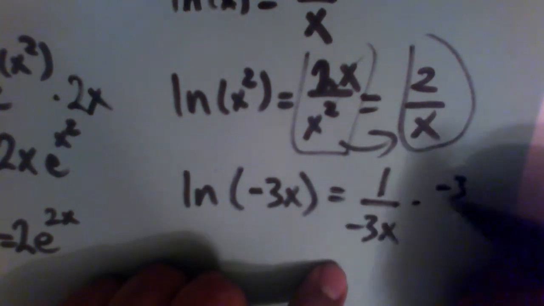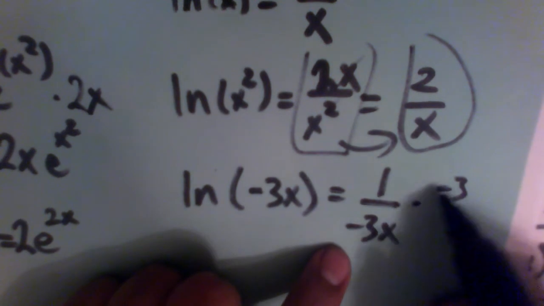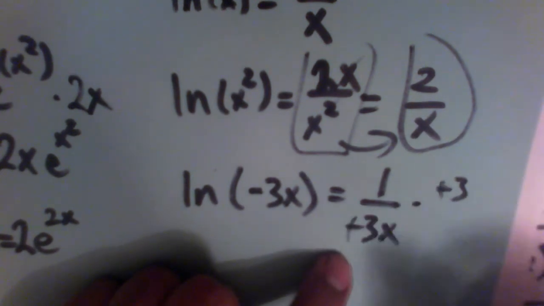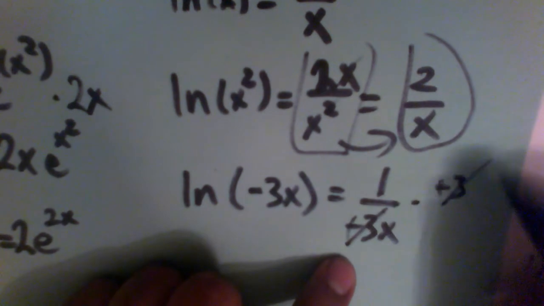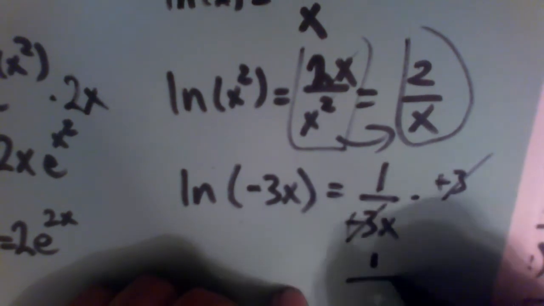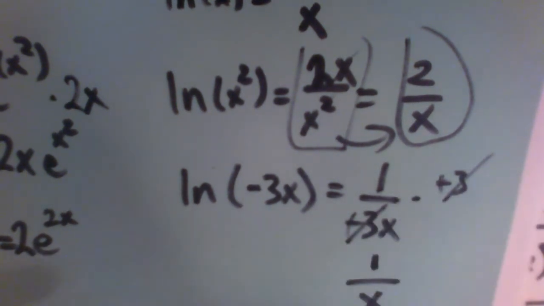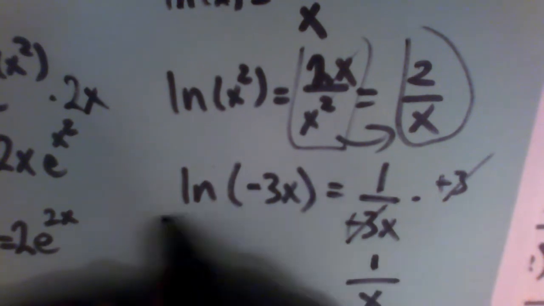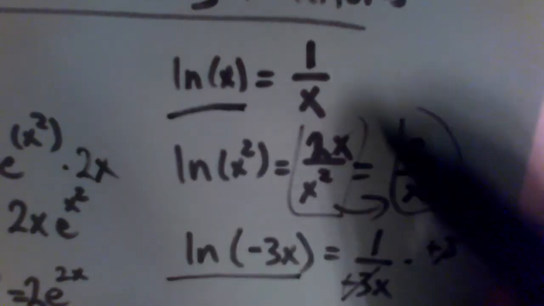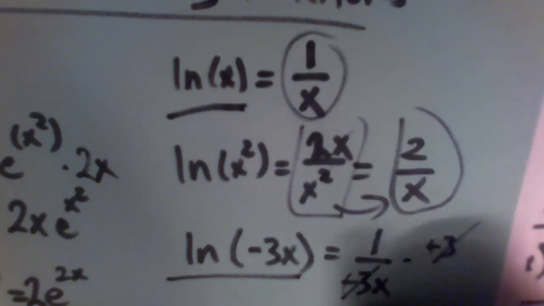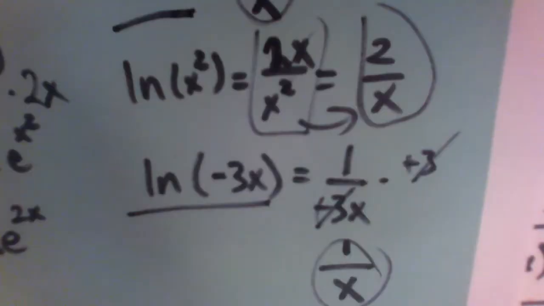So this negative and this negative will cancel out, and this 3 and this 3 will cancel out, so we're just left with 1 over x, which is oddly enough the same answer as the derivative of natural log of x. Alright, so that's something interesting.